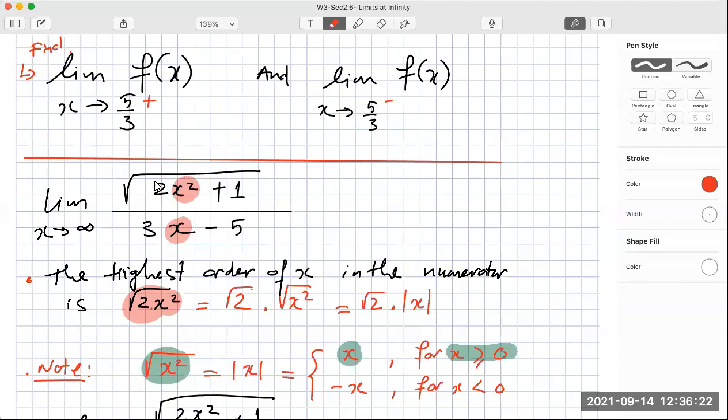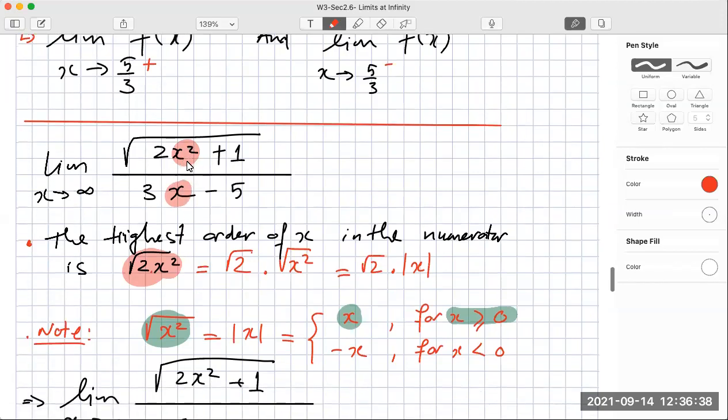And when we divide both numerator and denominator by the highest degree of the denominator, this is the trick. And this is some observation. The highest degree of the numerator is the highest degree of the terms under the radical sign, but then it is a square root here, right?